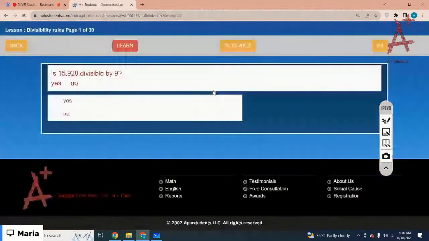Okay, is 15,928 divisible by 9? So you have to look at the divisibility rule for 9. Let me write down the number, 15,928.